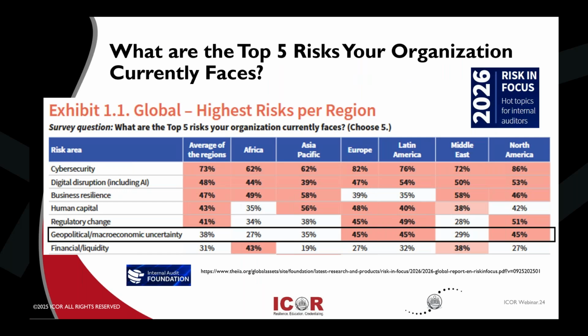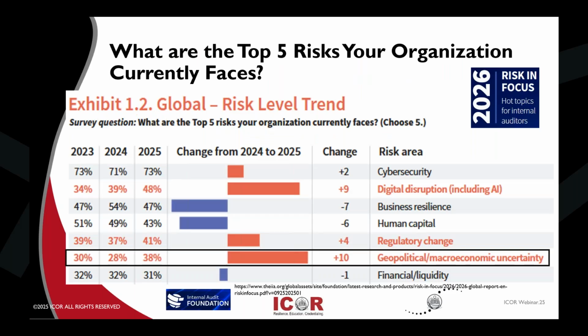Notice there's a different amount by country, with North America, Latin America, and Europe pointing at that as higher than some of the others. Also notice that while it's still sitting in 6th place, it has gained 10 percentage points between 2024 and 2025. So I think in their next survey, you might see this rise into the top 5.